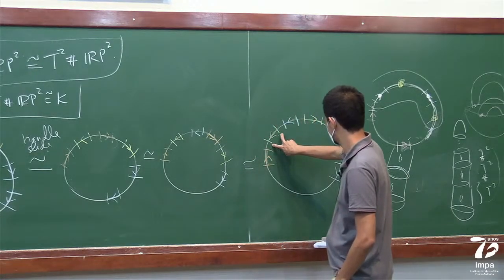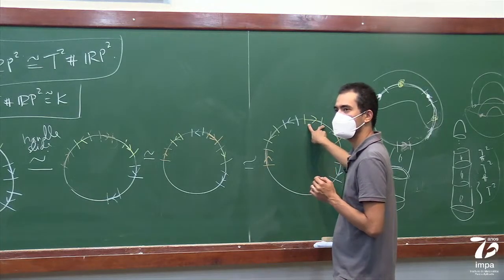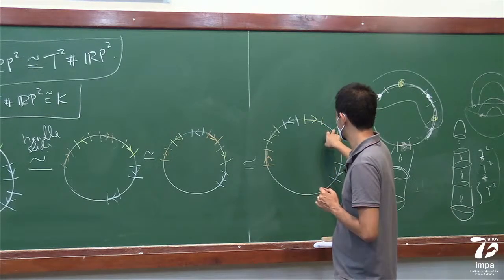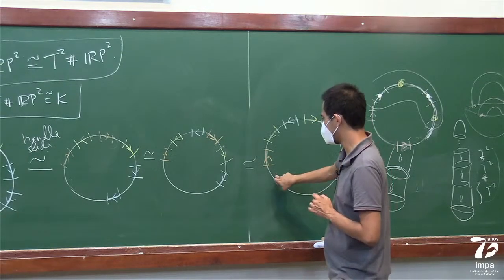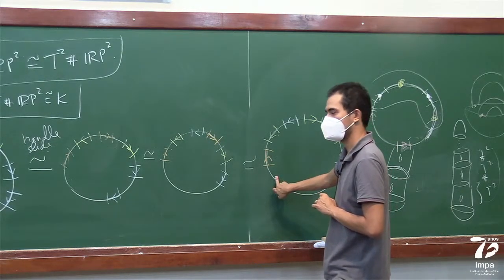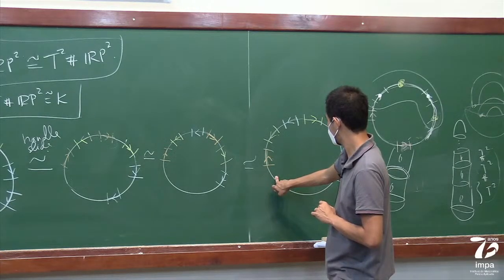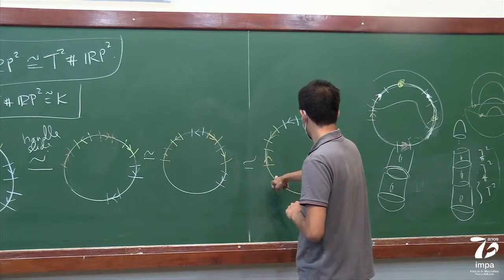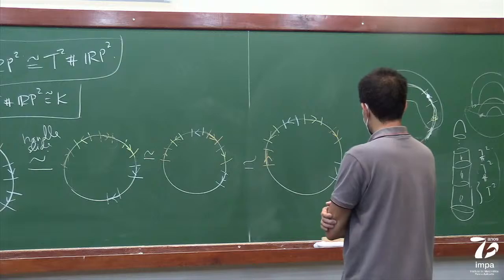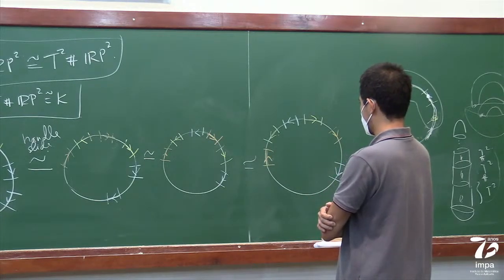This one? This one. Where do you want me to take it? Here? To the orange. Then I'm going to get it over here. There's something wrong.